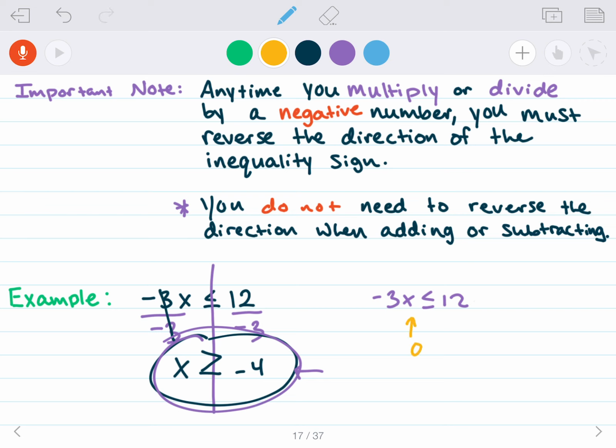If we plug in 0 here, we get negative 3 times 0 is less than or equal to 12. Negative 3 times 0 is 0. 0 is indeed less than or equal to 12. So that is a true statement. So just remember, whenever you multiply or divide by a negative number, you need to flip the sign.